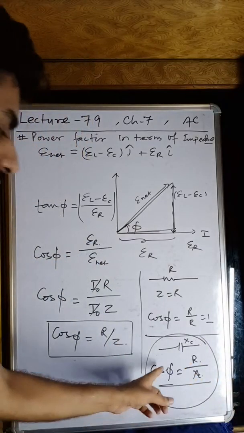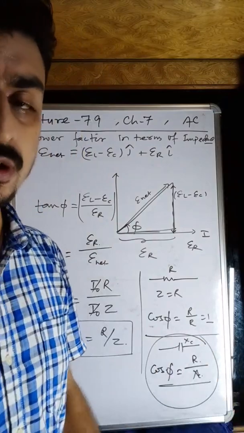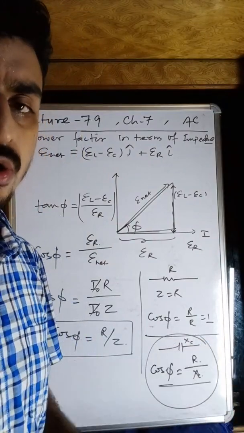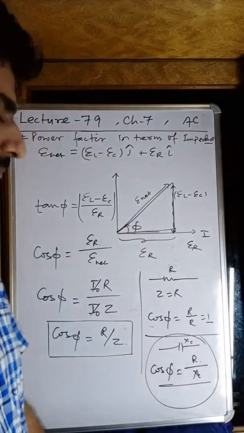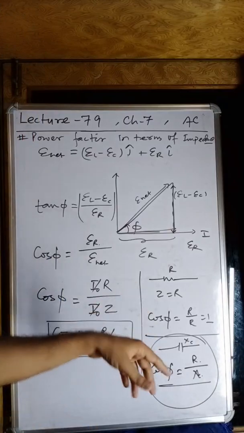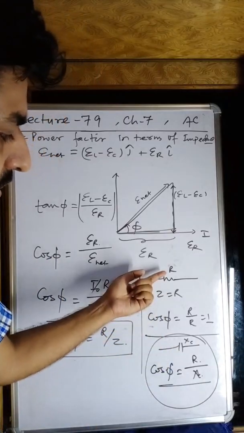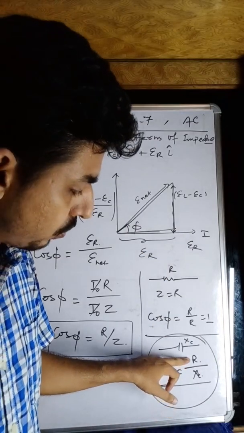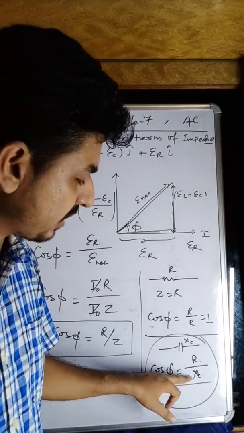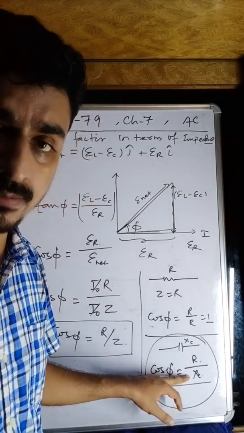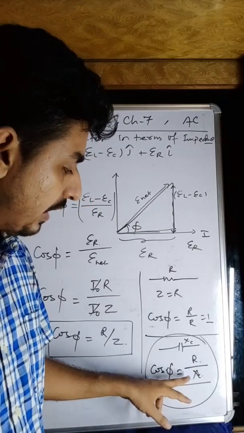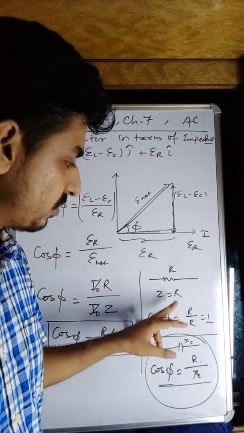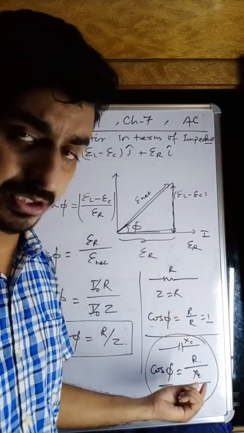But this one is very, very important for the combined CR or LR circuit. If C and R are joined together, then what will happen? The R is not going to change, but the XC changes and it becomes root under XC square plus R square, that is the impedance.